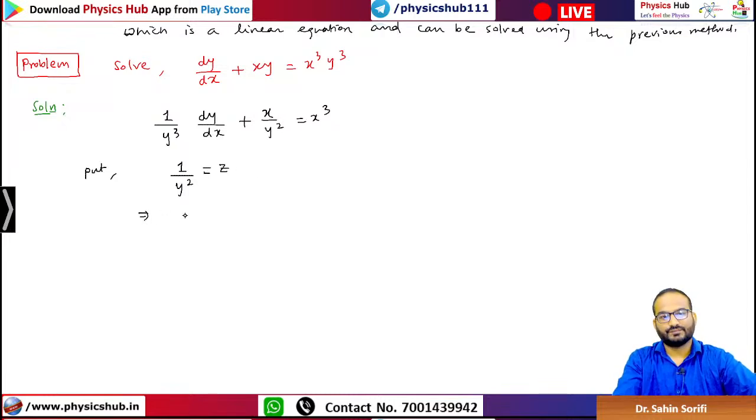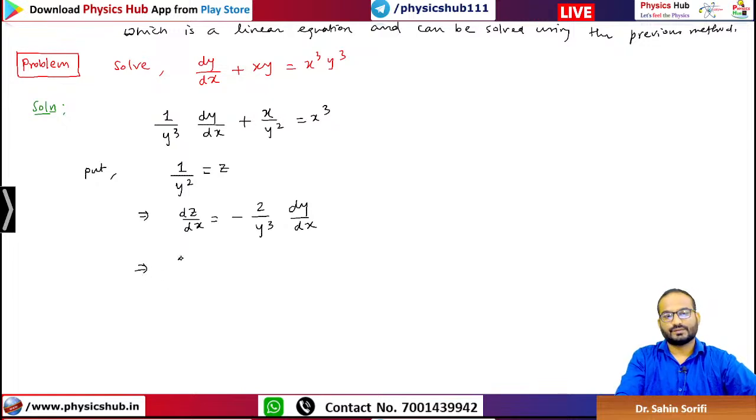So from here dz by dx, what is that value? Y to the power minus 2, so minus 2 by y cube and the derivative of dy by dx.